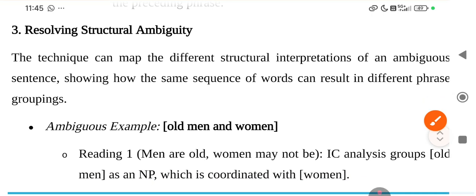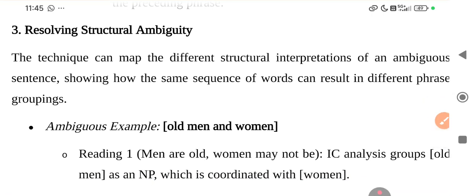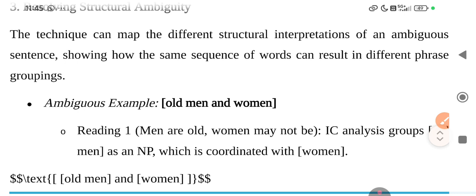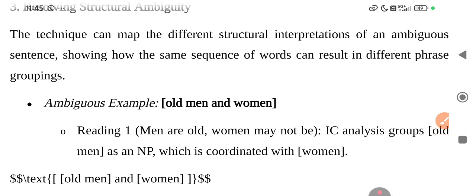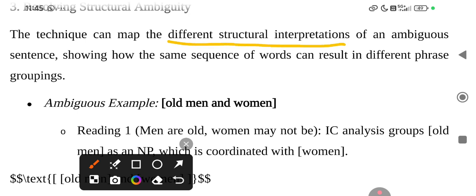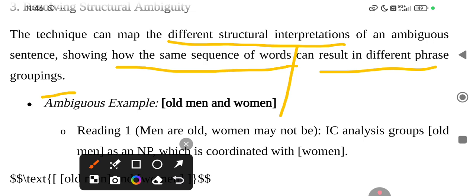Now third step. Here we have decided. Now moving to the third step, resolving structural ambiguity. The technique can map the different structural interpretations. Right, so it's the third step, different structural interpretations of an ambiguous sentence, showing how the same sequence of words can result in different phrase grouping.